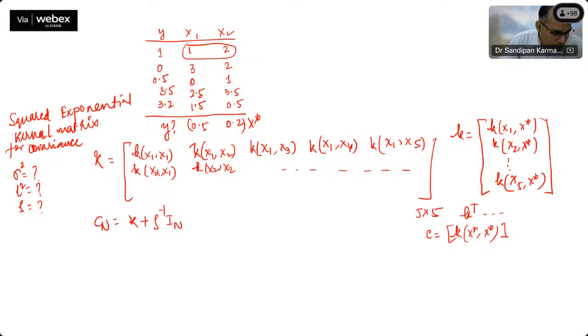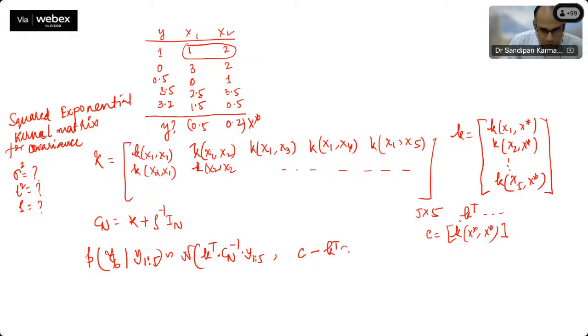So here what will happen? y6 given y1 to y5 will be written as a normal distribution with mean small k transpose, from here it is coming, multiplied by Cn inverse, that is the original covariance matrix, multiplied by y1 to y5, and variance small c minus k transpose Cn inverse k.